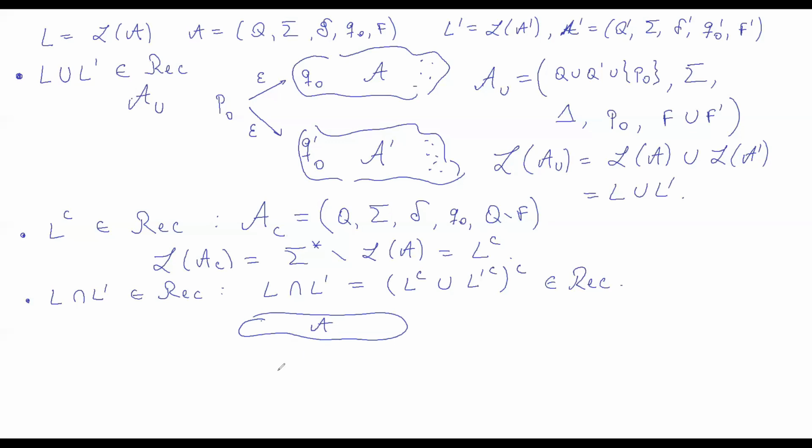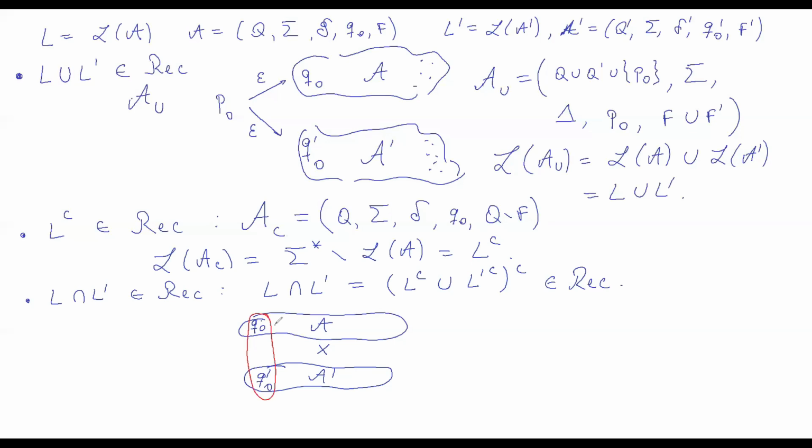So this is automaton A, and this is the automaton A prime. This one starts computations in Q0, and this one starts in Q prime 0. I would like to suggest that we do a Cartesian product, meaning that we start our computation in this initial state, which is the Cartesian product of Q0 and Q prime 0.